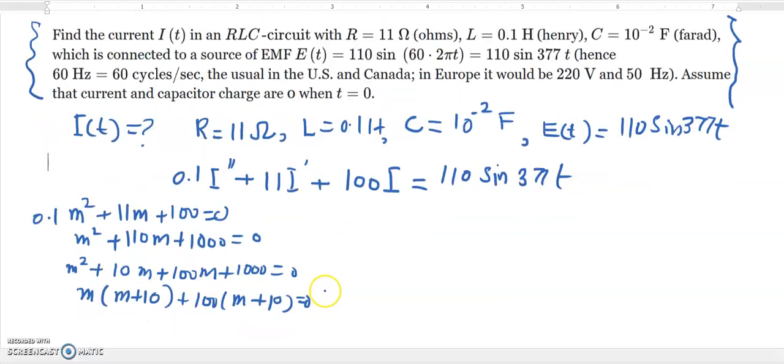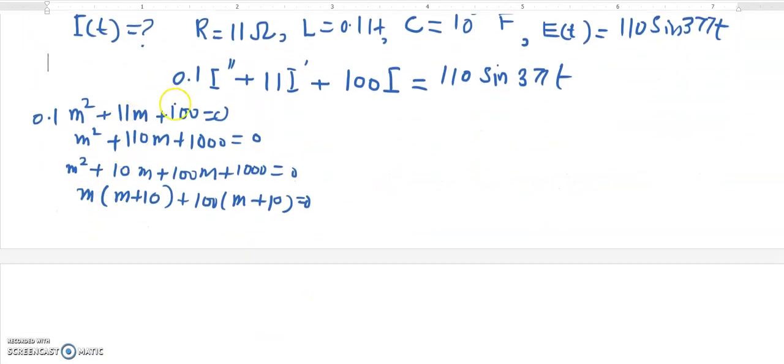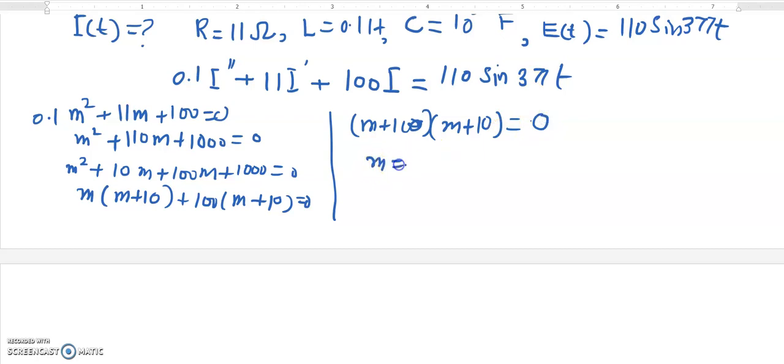From here I get two factors, m + 100 and m + 10 equal to 0. So m1 is equal to minus 100 and m2 is equal to minus 10.